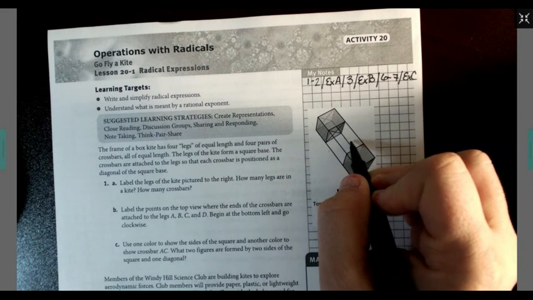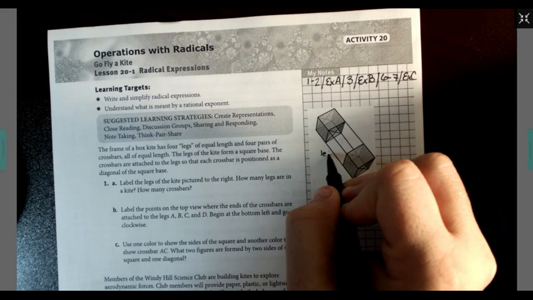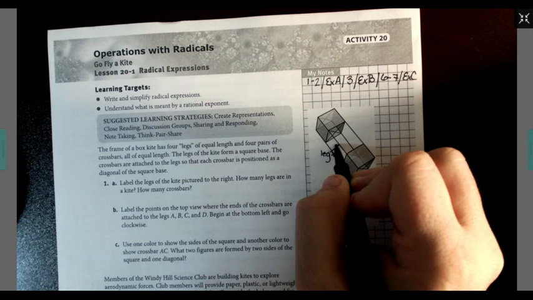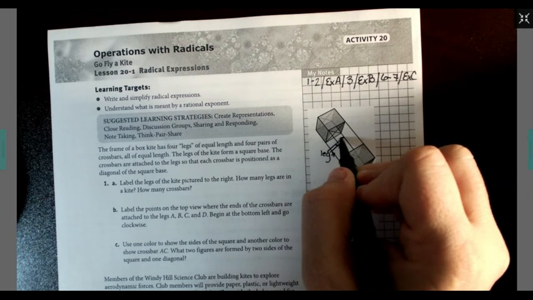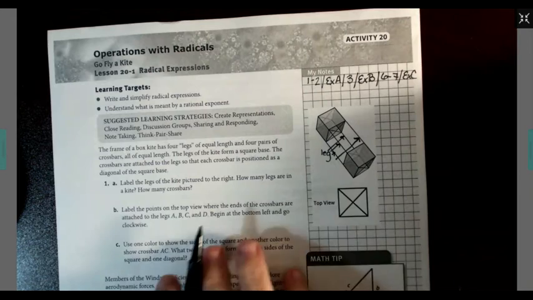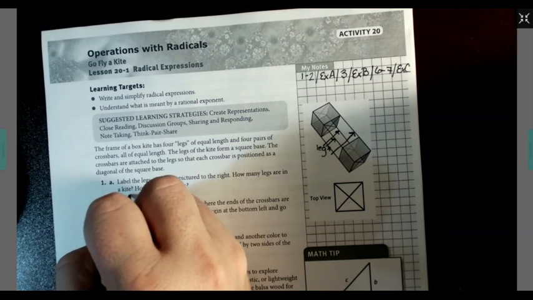These 4 pieces right here are our legs. This is the leg, that's a leg, that's a leg, and then lastly, that's a leg. It says, how many legs are there? There are 4 legs.